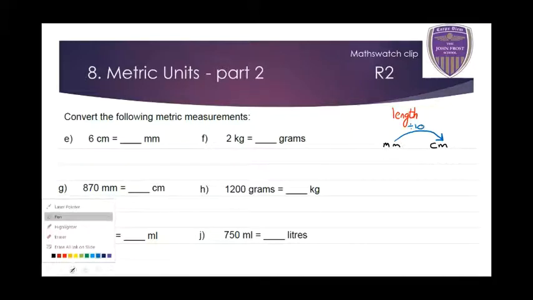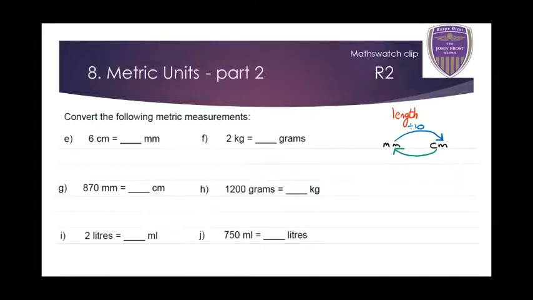Okay, but if I want to find out how many millimeters I've got in a centimeter, I need to multiply my centimeters by 10. Okay, let's do the next unit now. So we've done length. Now let's do volume.